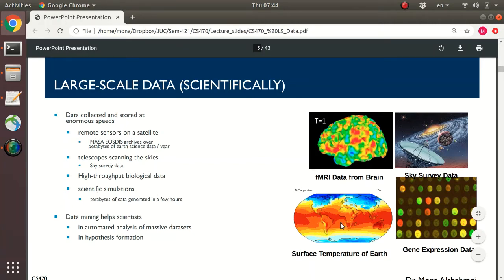Scientific simulation in the area of geography and weather forecasting also generates a large amount of data that is used to predict weather outcomes or predict the events of tornadoes or storms.